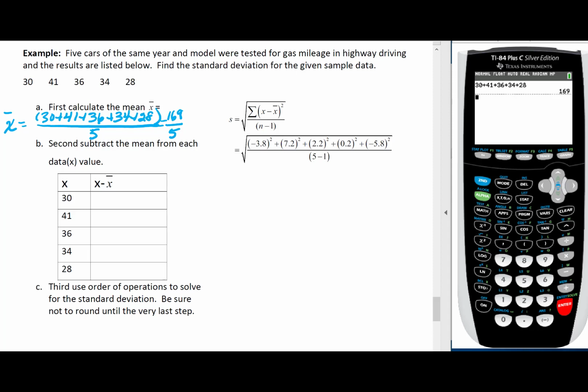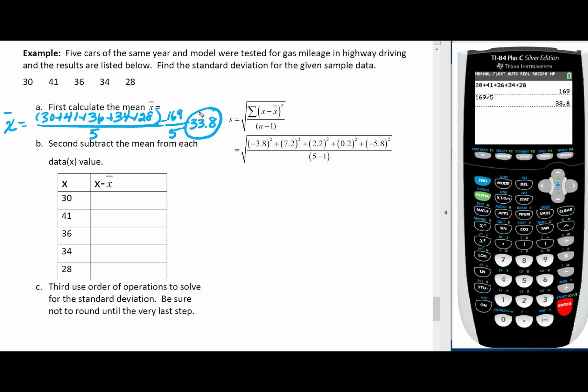Divide that out on the calculator: 169 divided by 5, and our answer is 33.8. Since our mean is now 33.8 miles per gallon, we're going to subtract the mean from each of the data values.